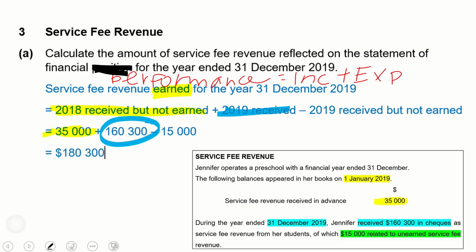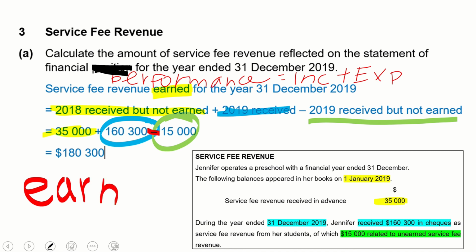Finally, you have 15,000 that you have received but not yet earned. So you need to deduct this, minus it away because you haven't earned it yet. Your final answer will be 180,300. This is the amount that you earn, and it will be shown as service fee revenue in your statement of financial performance.